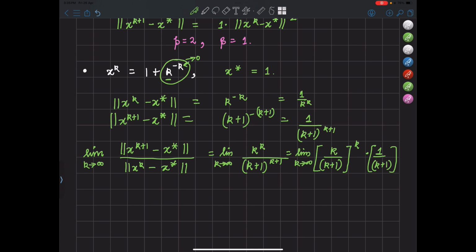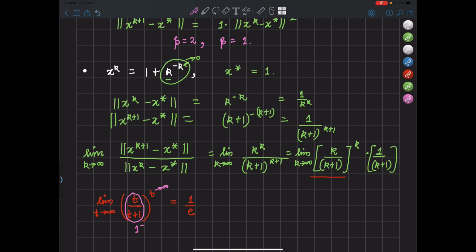So now one of this is a standard result in calculus, that is limit t tends to infinity, t upon t plus 1 to the power t is equal to 1 upon the Euler number. This is because you can see this term is closer to 1 from negative side, and this goes to infinity.